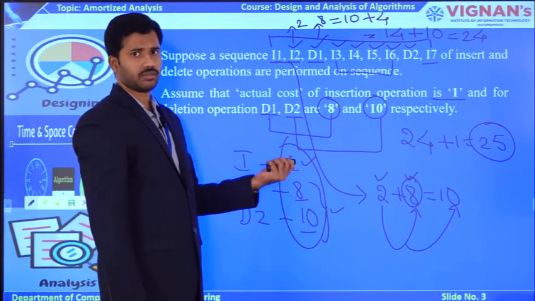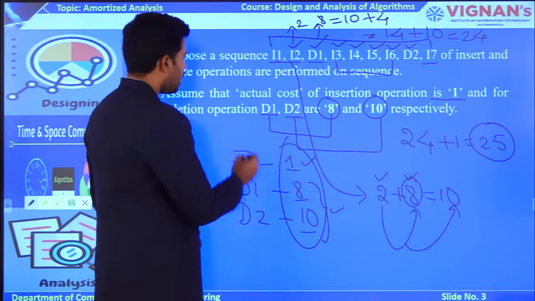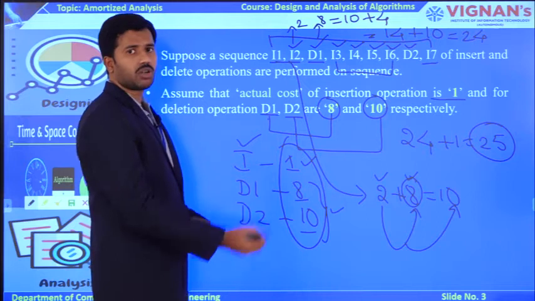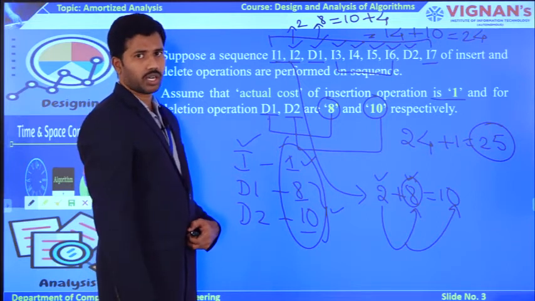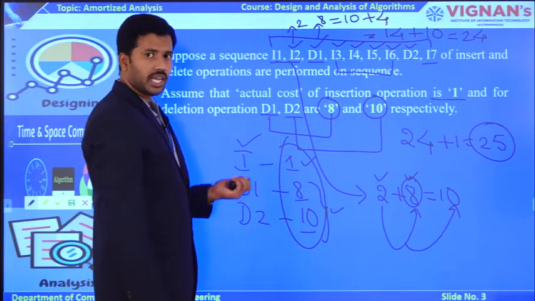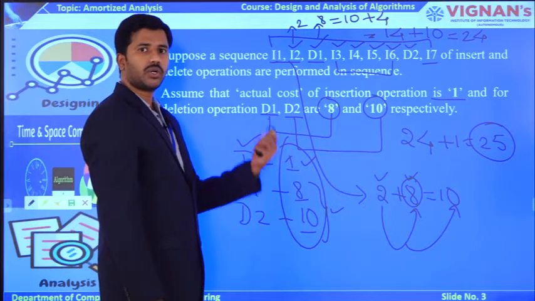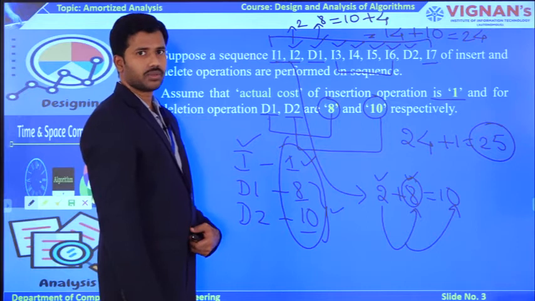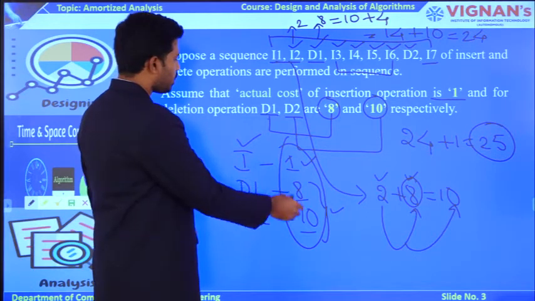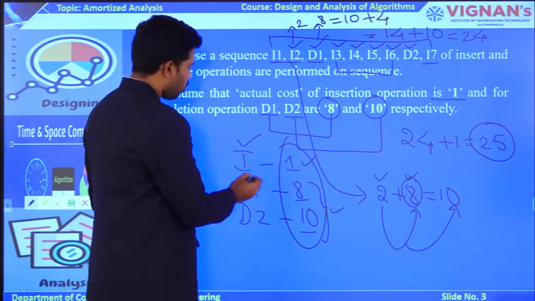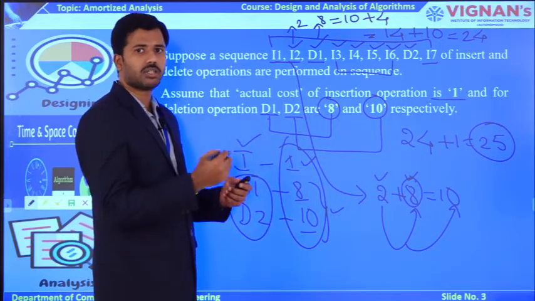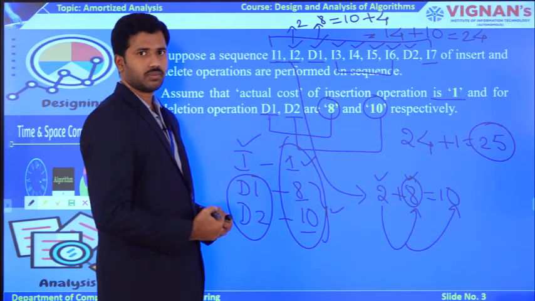So in case 1 of my example, I got the total time complexity to execute all these instructions as 9, right? Why? Because I am assuming that insertion occupies actual cost as 1 and deletion also occupies actual cost as 1. But if you observe this case, insertion is executing with best case, but deletion is executing in worst cases. Because of these worst cases of only some instructions, the entire time complexity of your algorithm is affected.